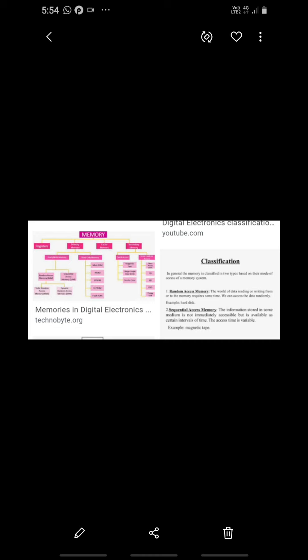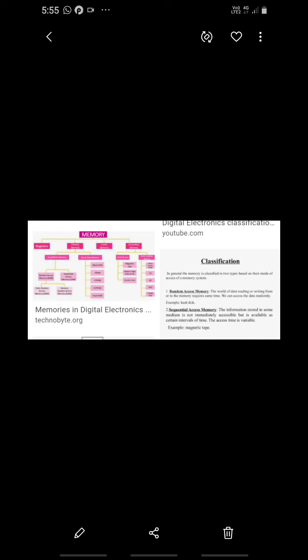Bipolar memories: in these bipolar memories, the multi-emitter transistors are used to store the data. Bipolar memories are faster than the metal oxide semiconductor memories.